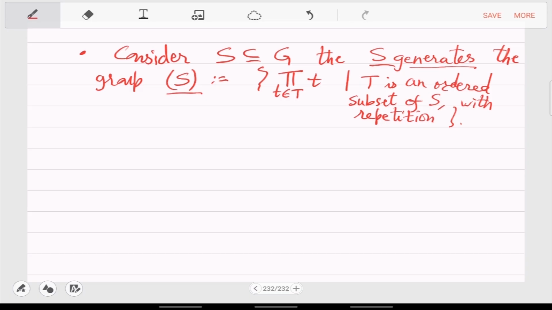So you collect all such elements of the group G. What you can immediately see is that this again is a group, because you can multiply two such things and they are of the same form. It obviously has identity element E, inverses, etc. Everything is there. So this is called the group generated by a subset.